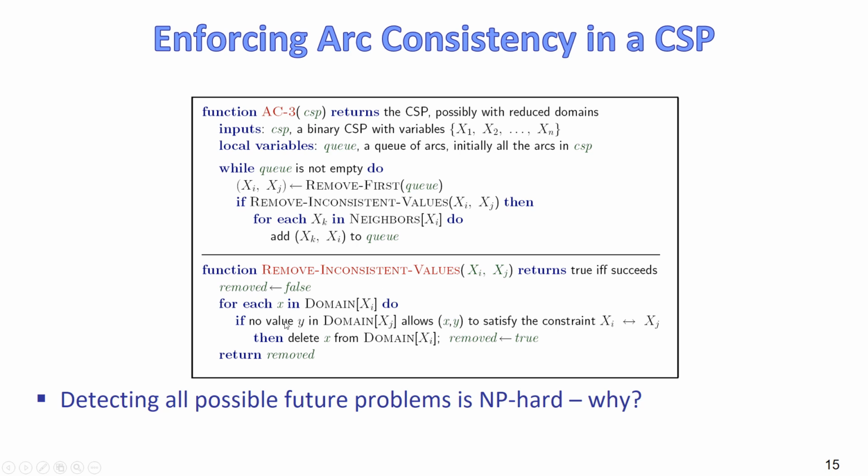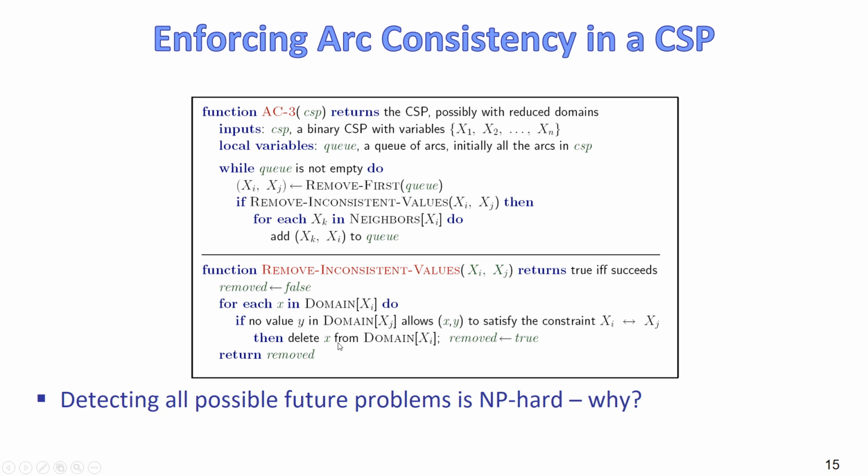Now let's check what we do when we check the consistency. So that's this function. In this function, we basically go through all the values in the tail, and we check if there is any value from the head that is consistent with that value in the tail.